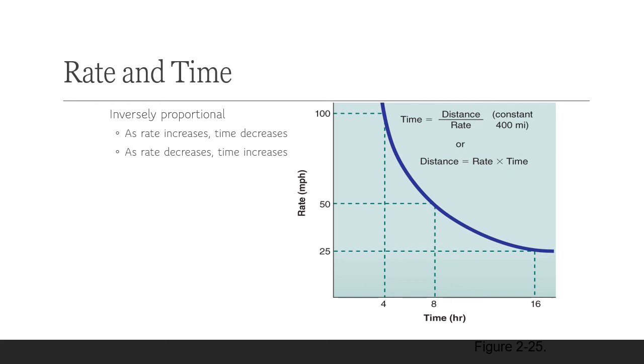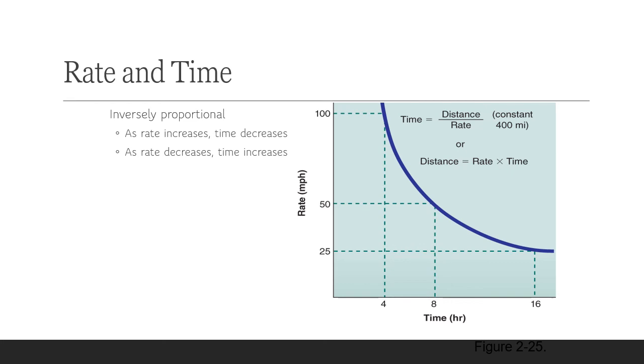With the formula distance equals rate times time, D equals RT, which represents product D and variable quantities R and T, we have 400 equals R times T. D equals 400 miles, or 400 divided by R is equal to T.